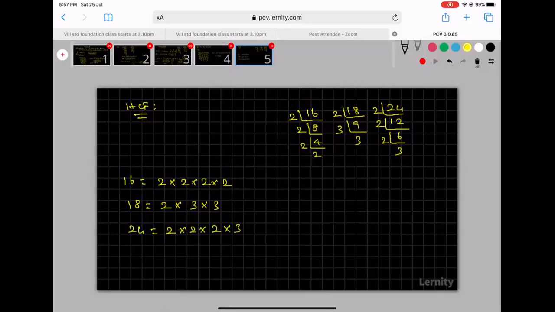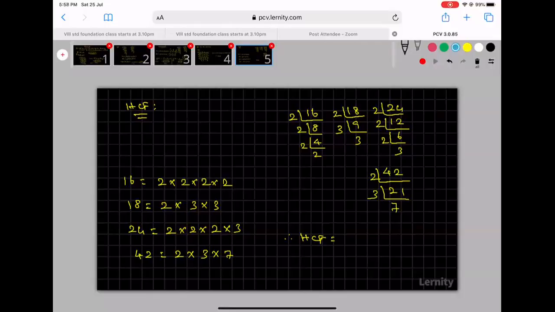Then the next value is 42. If you divide with 2, I will get 21. Here this is 3, 7. So 42 is equal to 2 into 3 into 7. Therefore my HCF is equal to, which one is common? Here you see 1, 2 is common.